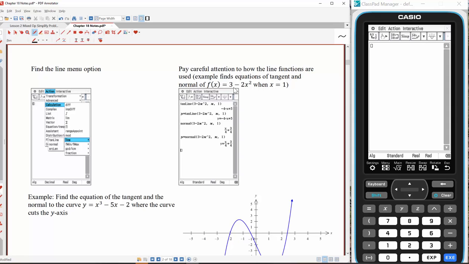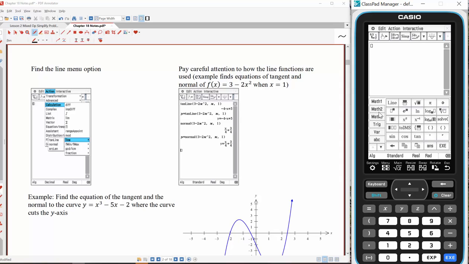So what we'll do is we'll calculate the equation of the tangent and the equation of the normal for this particular function here when x is equal to 1. I find the best way to do this is to define the function. So we'll go to keyboard, hit the define function. So define f of x equals 3 take 2x squared.